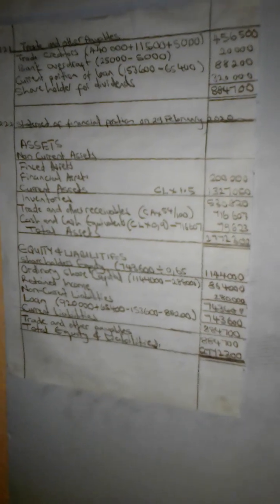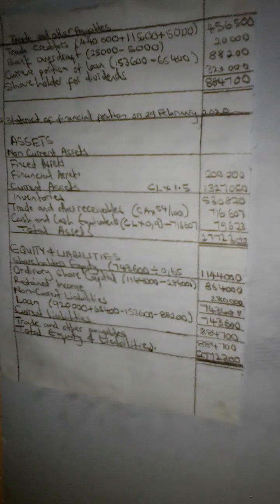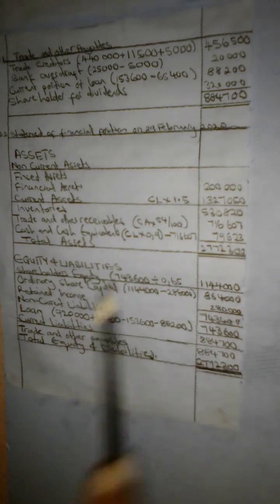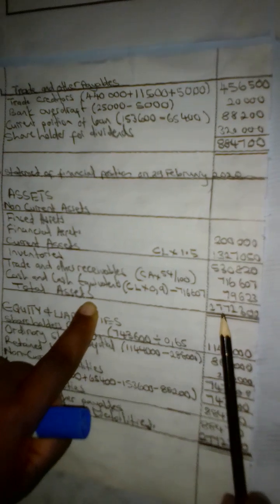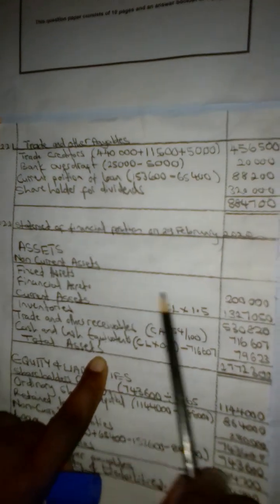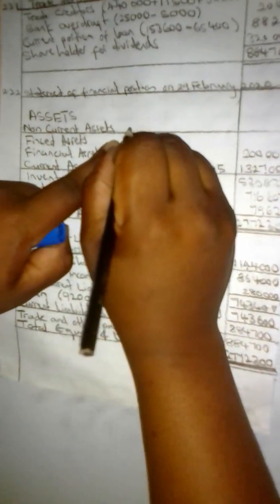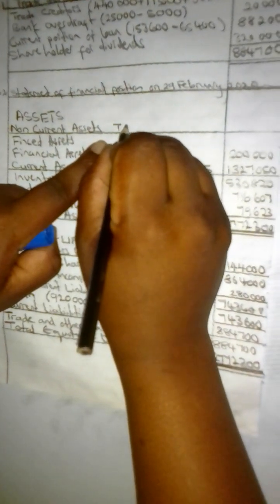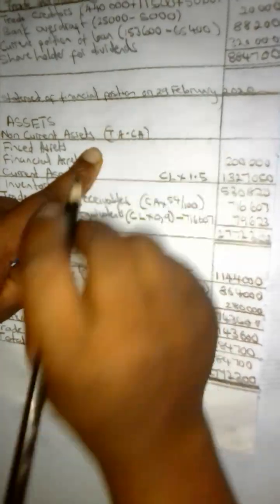In order for us to get the fixed assets or the non-current assets, since we've got the total assets, if we say total assets minus the current assets, we'll get the amount for the non-current asset. So in other words, here we can say total assets minus current assets. It can give us what we want.